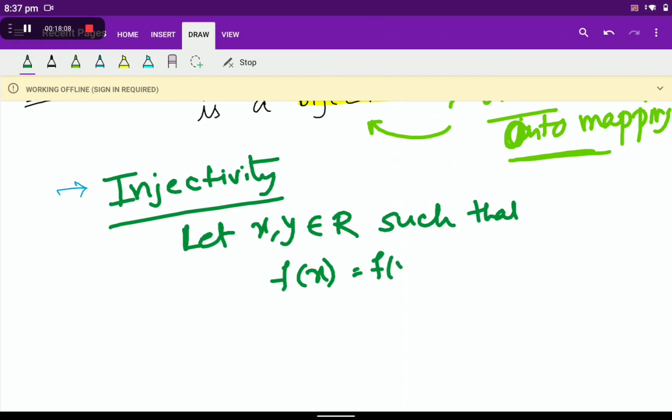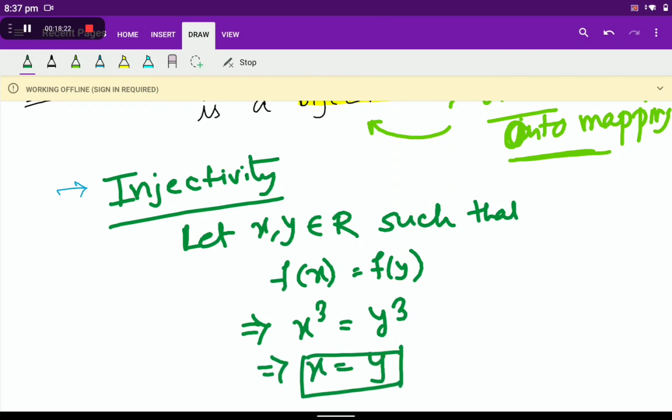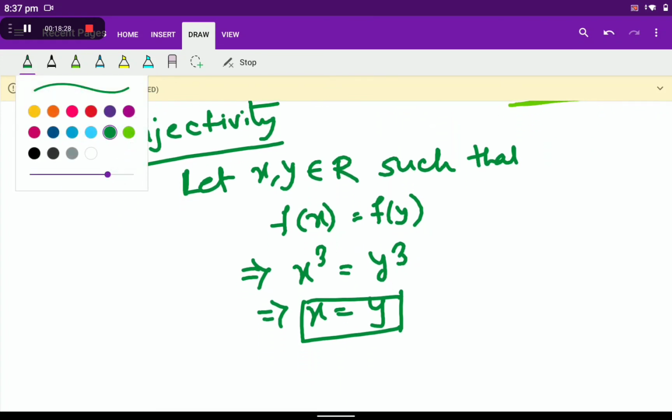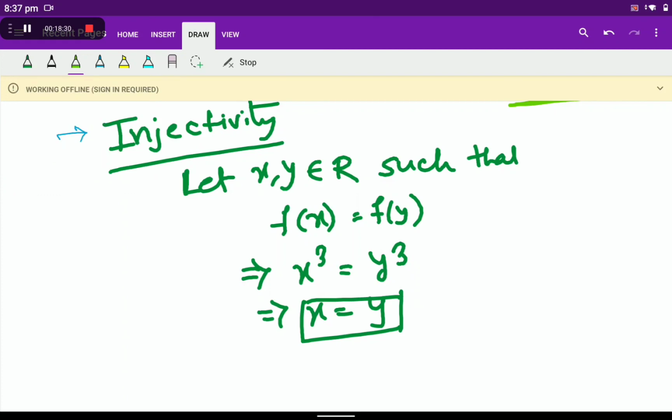Then f of x is x cube, and f of y is y cube. Now x equals y, so these facts are evident from the graph also. If you are interested, then you can draw the graph also. So f that maps R to R is 1-1.